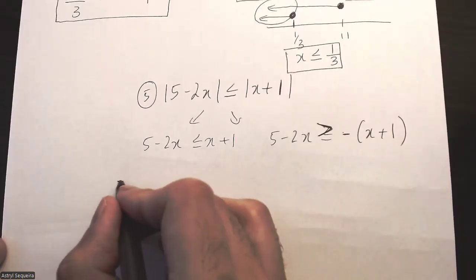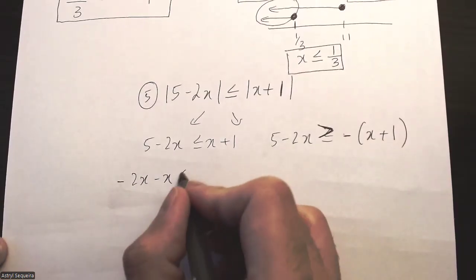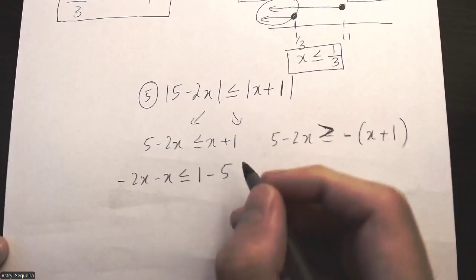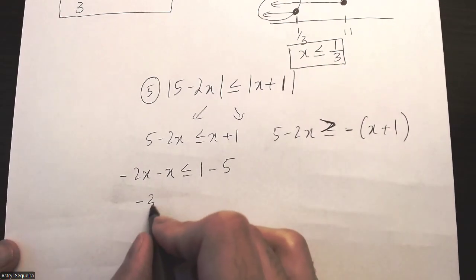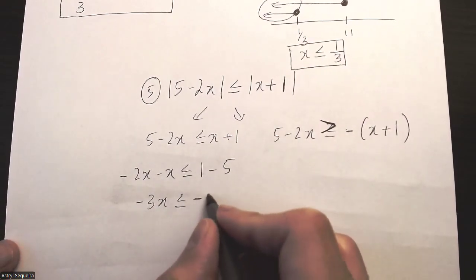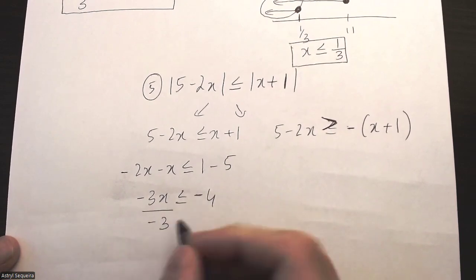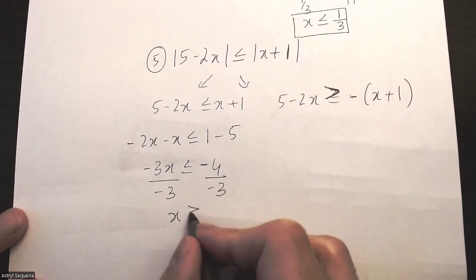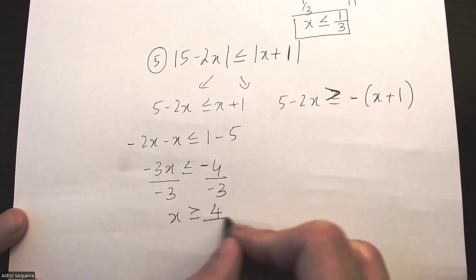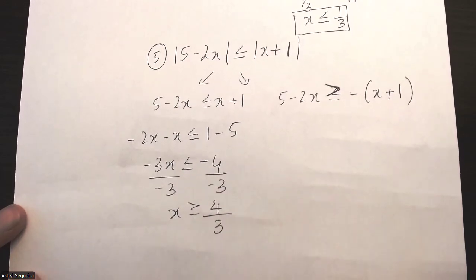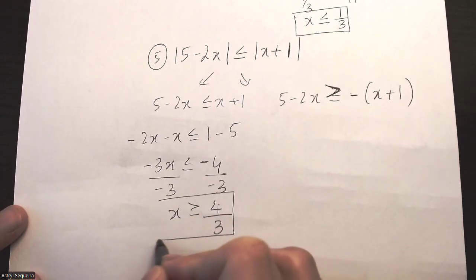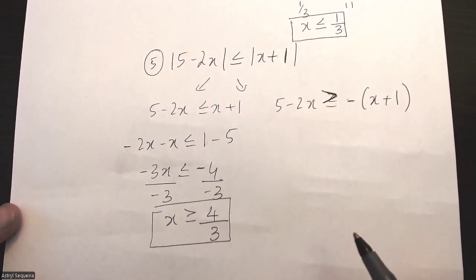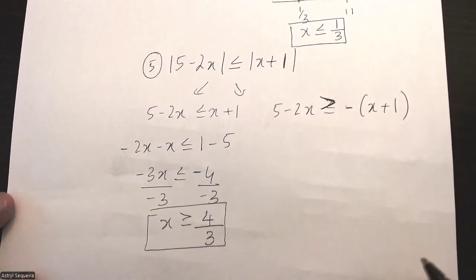So let's solve this one first. So first solution over there, x is greater than or equal to 4 over 3.